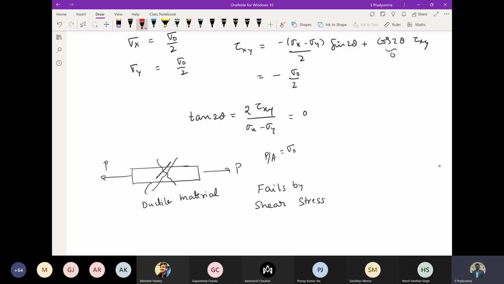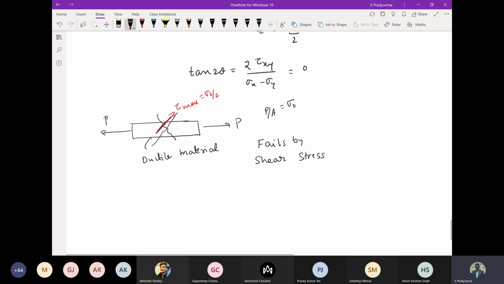That is in this direction. This is the direction of tau max, that is equal to sigma naught by 2. It's minus or plus, but the value is same, right? So if the material is failing by shear, then it fails at a plane where you have a maximum shear stress. In this case, the maximum shear stress is at a 45 degree plane. Therefore, the failure is like this.